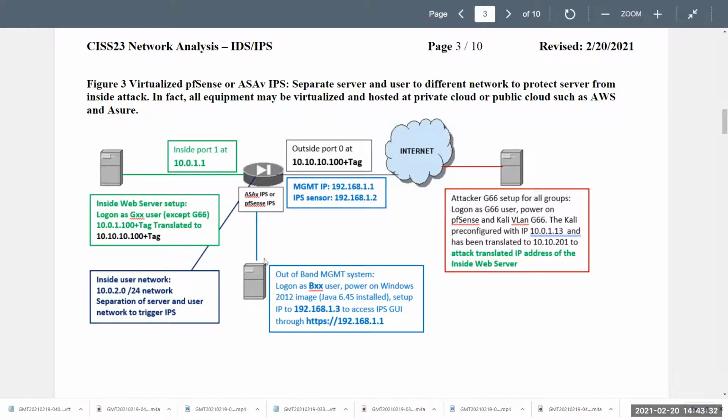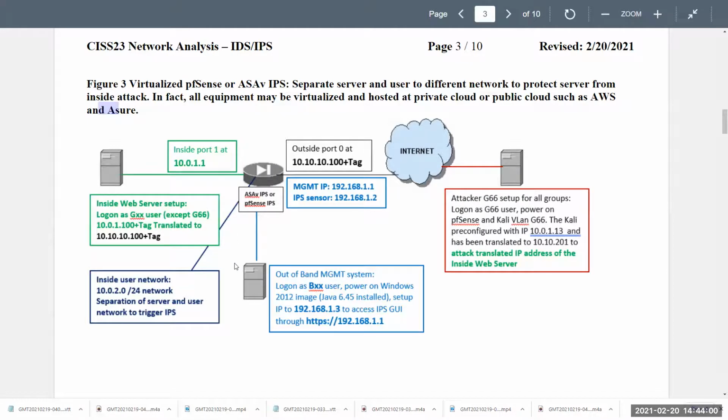And this one, even though I put a blue color in here, this is so-called out of band management. So this is not the same network as the inside user network. So you can see if the IP network here is 10.0.2, and this one will use IP number 192.168.1. So it's not only layer 2, they are using different Ethernet ports, but also, of course, they are on a different layer 3 IP addresses.